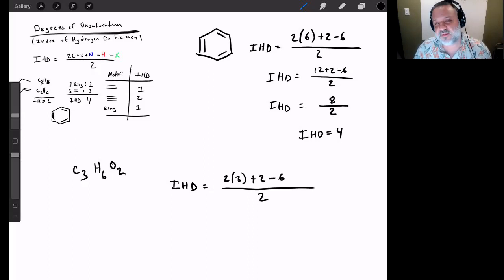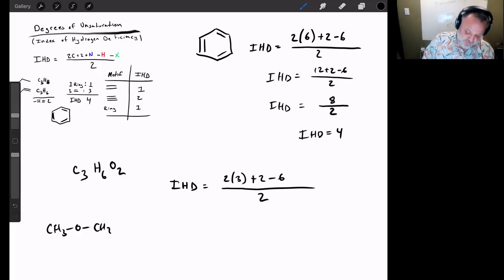And you can see why in a second, but the presence of an oxygen doesn't affect the index of hydrogen deficiency. What is affected by the presence of oxygen is what kind of bonds to the oxygen we have. We could have single bonds to the oxygen, something like in an ether, right?